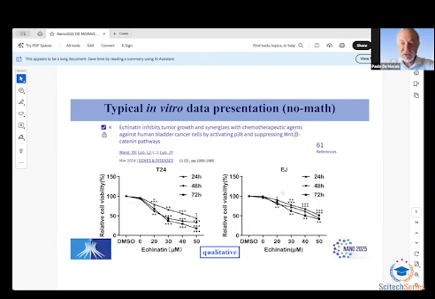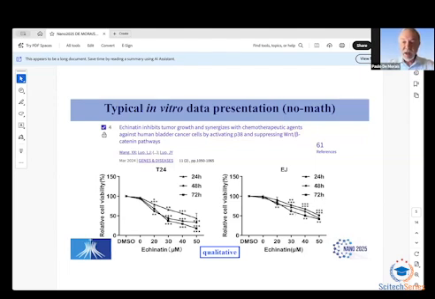Likewise, you can see on the right-hand side the EJ cell line tested also using the same chemotherapeutic agent, and you see the systematic reduction of the cell viability as you increase the concentration of the drug. And again, this in vitro assay was performed with 24, 48, and 72 hours incubation.